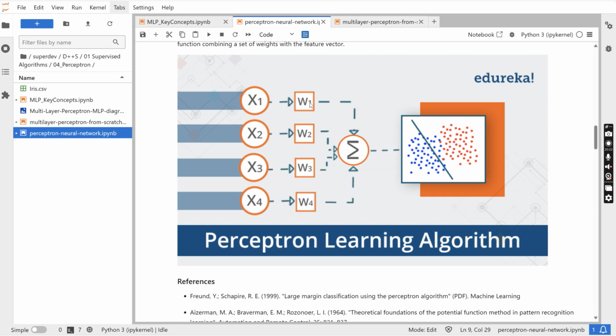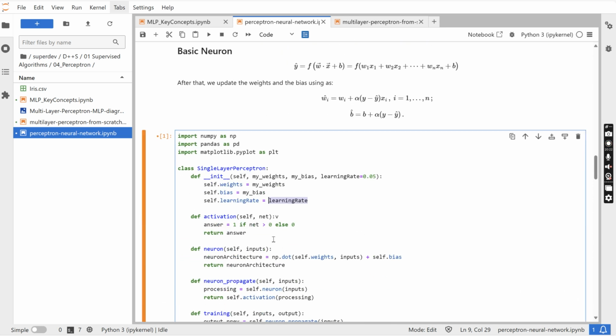Let's just say the learning rate is a very small value, 0.01, and in the very first attempt the weight you selected was 0.5.